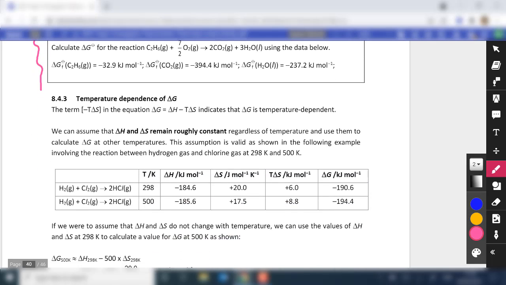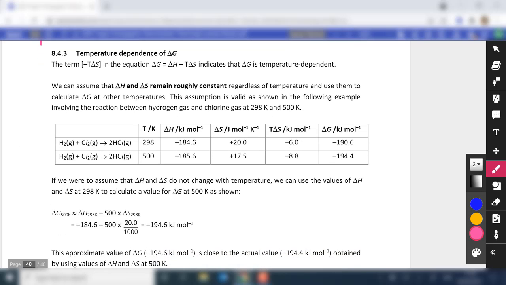Okay, so there's a temperature dependence of delta G. Some questions actually allow you to plot a graph.